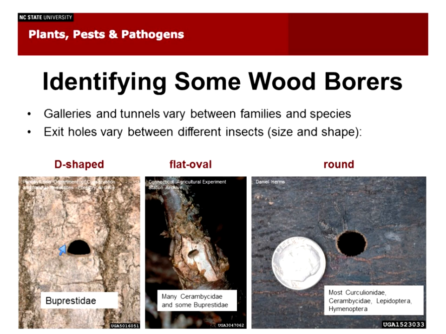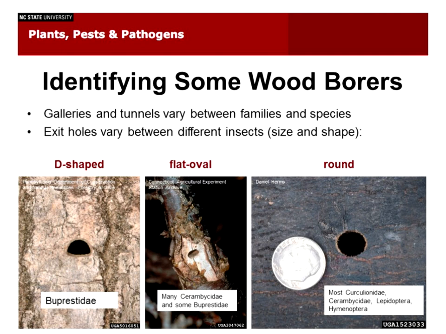So for instance, the D-shaped, this flat bottom with the round top hole, is exclusively buprestids. And particularly that's for emerald ash borer signs, that's one of the things people look for, is the small D-shaped exit hole.